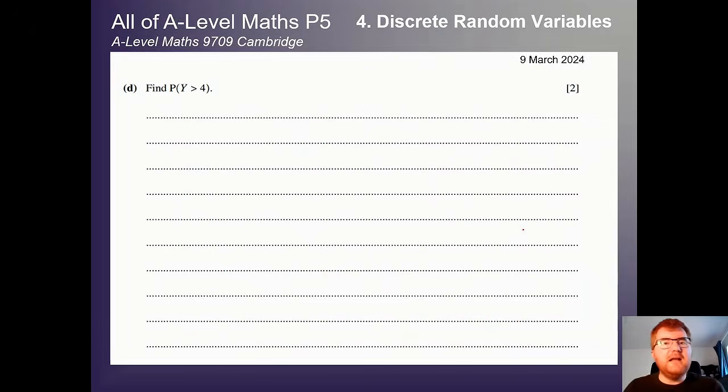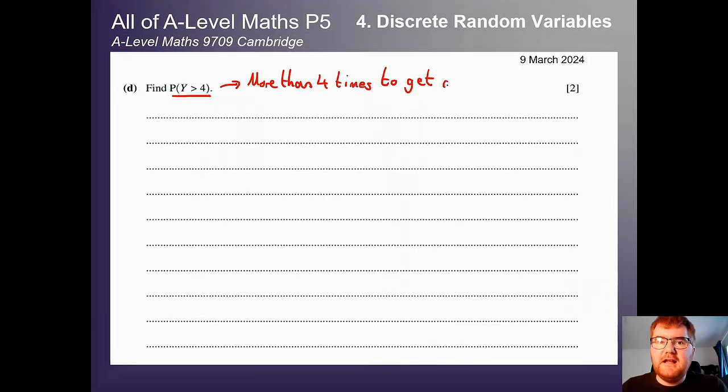And now we need something a little bit more complicated, which is the probability of Y being greater than 4. So in other words, it takes more than 4 spins to get a 3, so be careful with the inequality here. Sometimes it's useful to write this out. The way I generally work this out is working backwards.